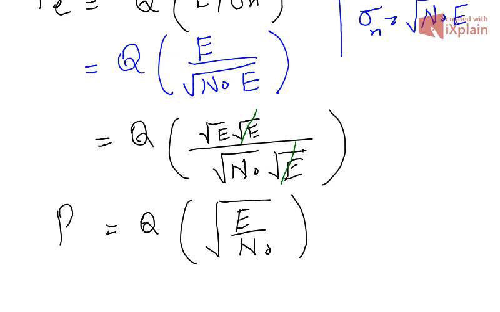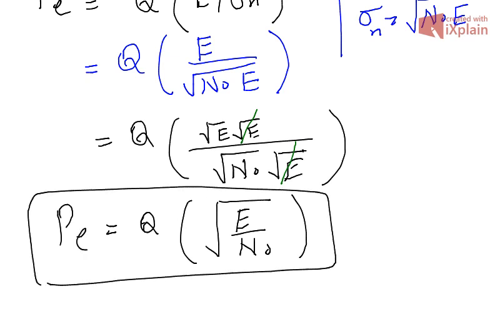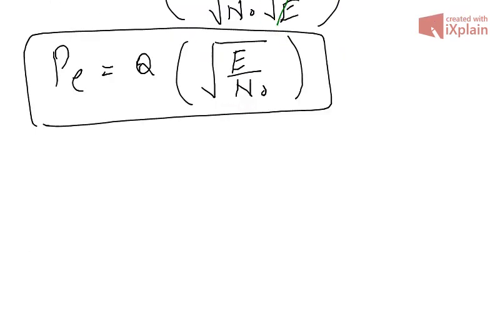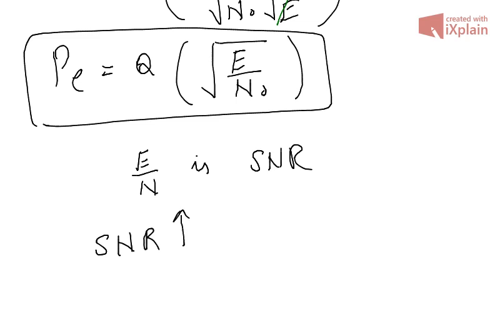Now your probability of error is Q of square root of E over n naught, energy of the signal over noise power spectral density. E over n naught is known as the signal to noise ratio. So the higher the SNR, if SNR is high, your probability of error is low, because Q of x is low.